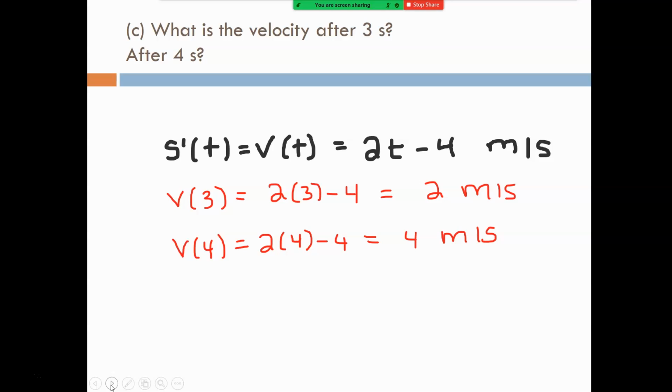So you get 6 minus 4, which is 2, and 8 minus 4, which is 4. So the velocity is positive at both of those units. So what that means is that if velocity is positive, we are moving in the positive direction or moving forward.